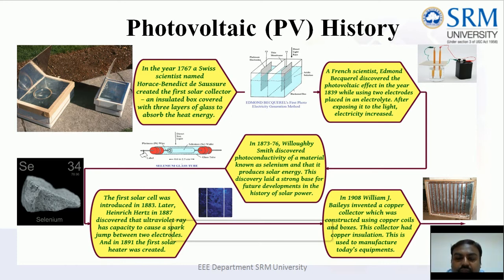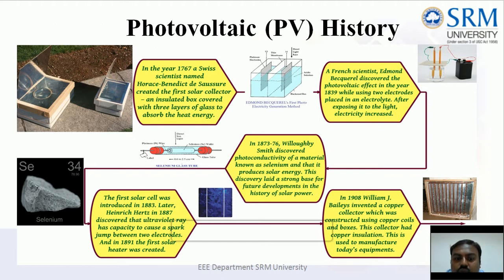In 1873 and 76, William Grylls Adams and his students made a remarkable discovery that when selenium is exposed to solar irradiation, it exerts current.